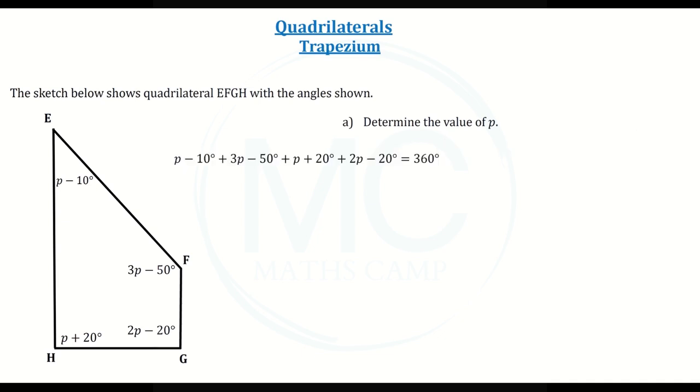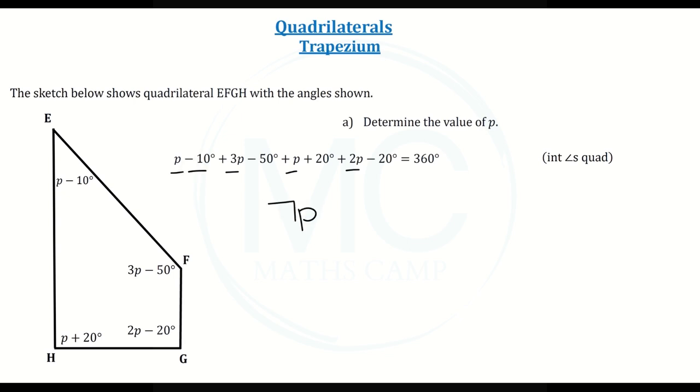Again, we know that the sum of the interior angles will be 360 degrees because they are the interior angles of a quadrilateral. So we make this our reason. Now we can add like terms. We have P plus 3P, which gives us 4P, plus P gives us 5P, plus 2P, which gives us 7P.